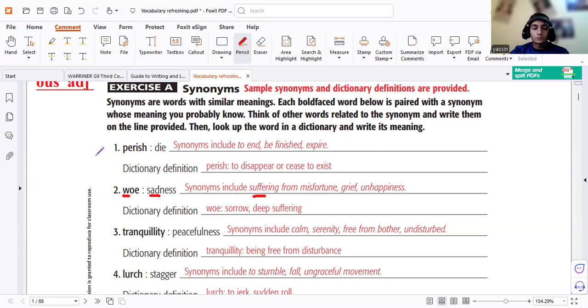So when I say finish him, it means kill him. If I tell you I am perished, it means I am finished, I'm dead. To perish means to die, to finish something, to put an end to it, to expire.